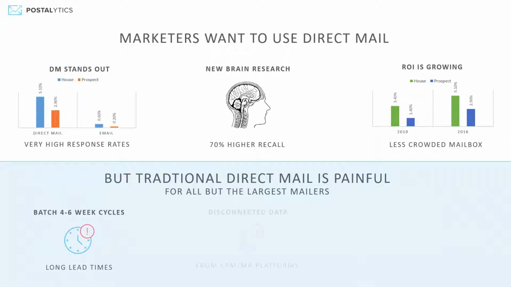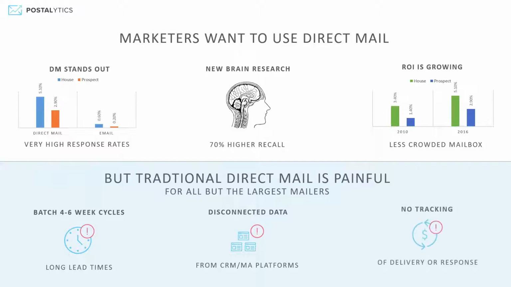And then the other problem is that everything has been disconnected from the investment that has been made in CRM and marketing automation. So you've got these long cycles, and you've got data that is not connected to every other marketing touch that is being captured and measured in that CRM or marketing automation tool.